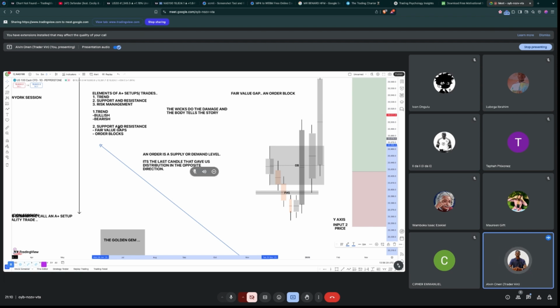We've said that risk management is the backbone of a trade setup. If you do not know how much money you're going to risk and how much money you're going to gain, then you're gambling. What I'm trying to mean is risk management is the estimated amount of money that you're willing to risk in order for you to do what? Gain a profit.